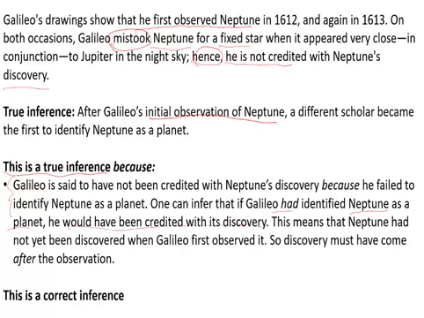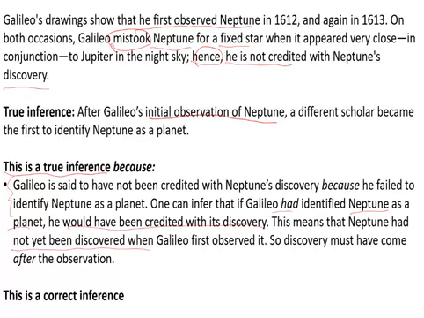And that means that at the time there was no other discoverer who would receive credit, because if somebody else had discovered Neptune at the time that Galileo first observed it, well, it wouldn't have been possible for him to be credited as Neptune's discoverer under any circumstances. So Neptune had not yet been discovered when Galileo first observed it. So the discovery, and specifically the discovery that Neptune was a planet, must have come after that observation because nobody had been credited yet, and Galileo not realizing Neptune was a planet was the only thing that stopped him from being credited as a discoverer.